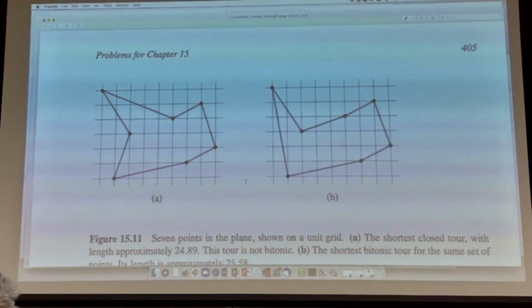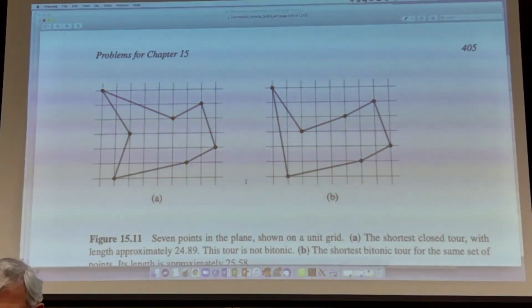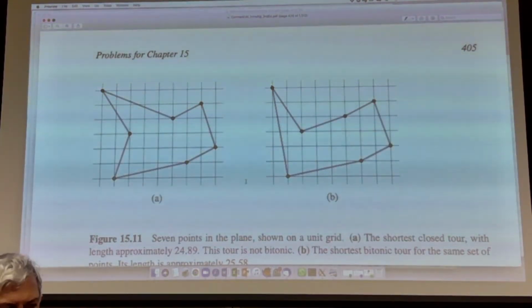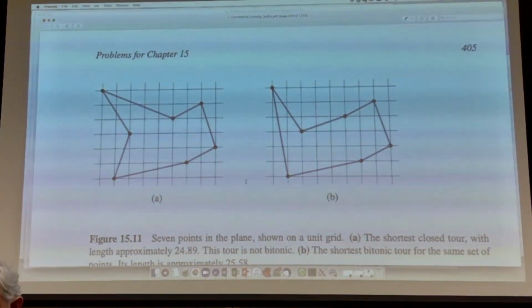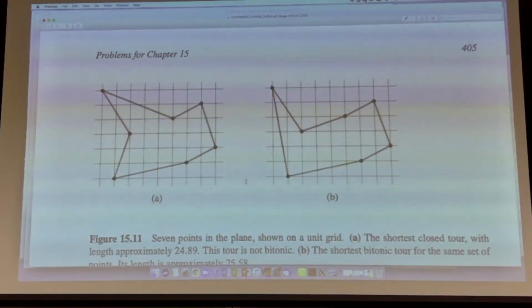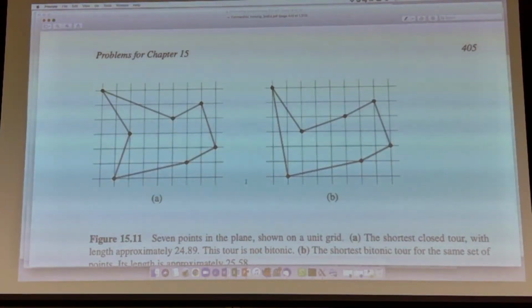And once you decide which points are on the eastern path, the order becomes fixed, because you can never go this way and then back this way. You can only go in one direction. So the only thing that really matters is what goes up and what goes down.